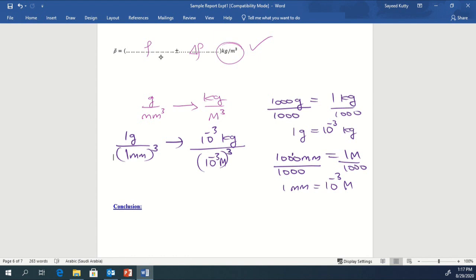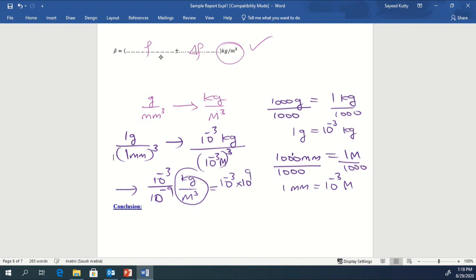Is it 10 to the power minus 3? So what will I get? 10 to the power minus 3 kilogram divided by 10 to the power minus 3 whole cube, 10 to the power minus 9 meter cube. That means I already converted into kilogram per meter cube. That means it is 10 to the power minus 3 divided by 10 to the power minus 9.